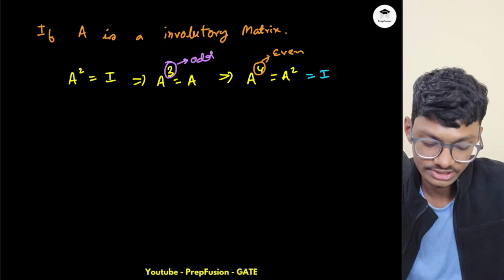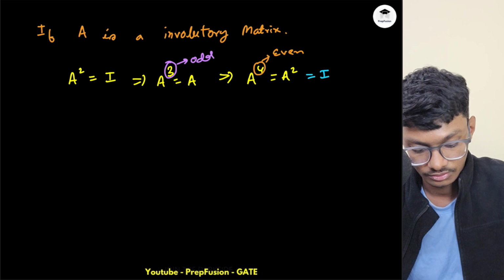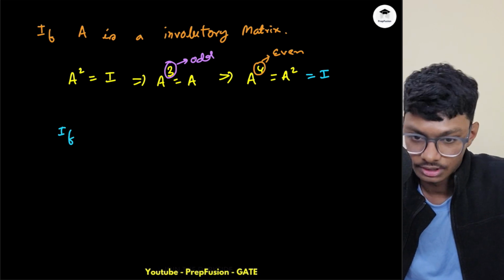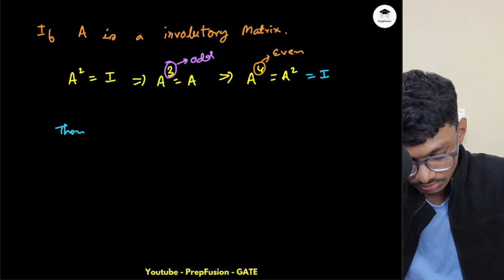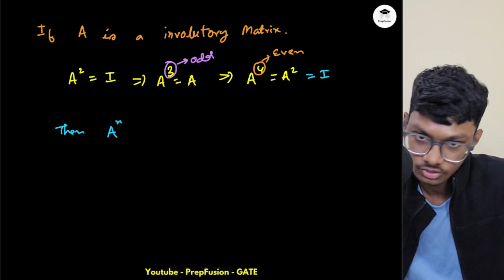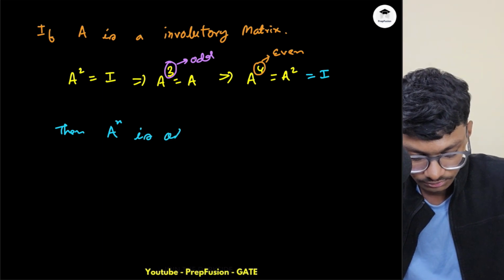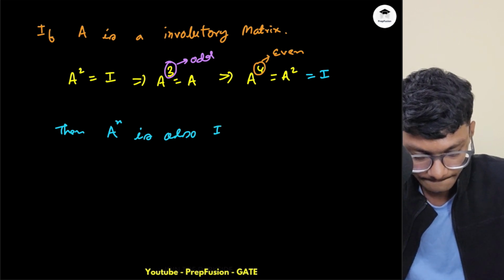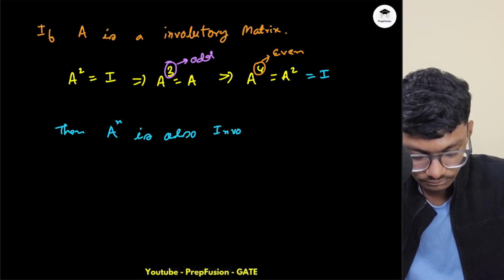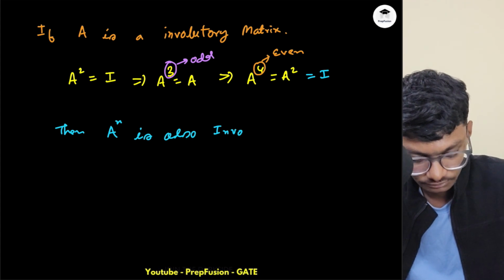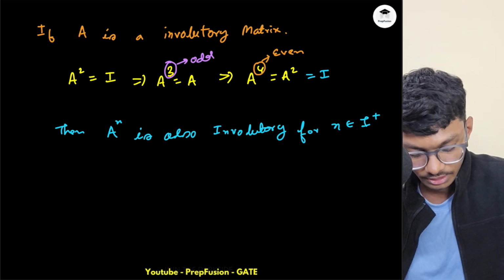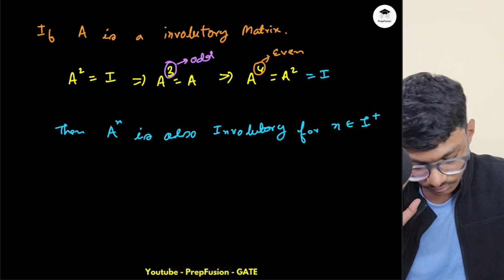If I take the square of this A cube, it will be A raised to power 6, which is again equal to I. So basically if A is involutory, then A raised to power n is also involutory for n equal to positive integers. So this is one condition I want to tell you.